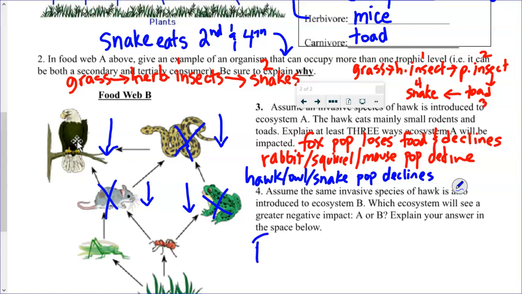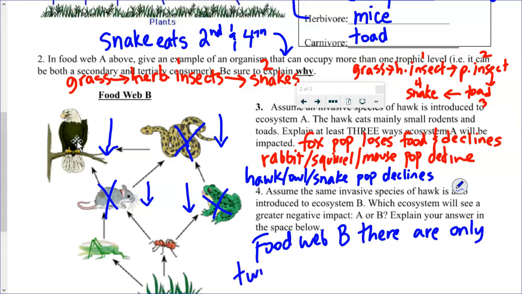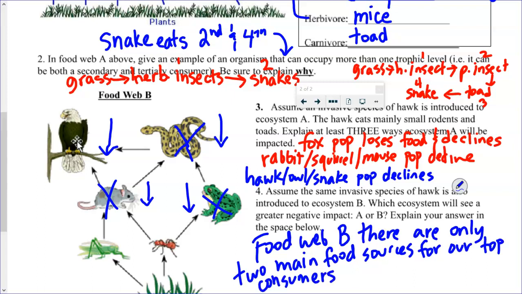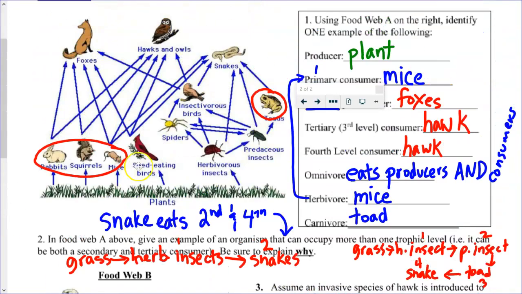So in food web B, there are only 2 main food sources for our top consumers. But let's go back up to A. If you look at Food Web A, look at all of those different levels and all of those different arrows that show multiple different feeding relationships within this forest ecosystem.